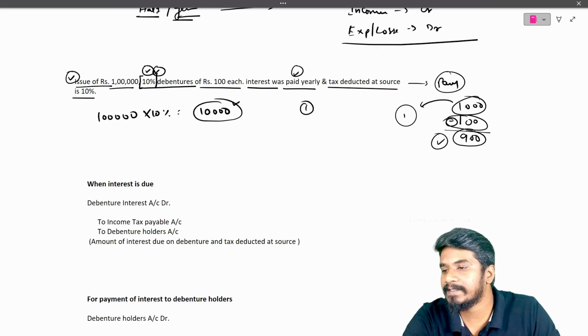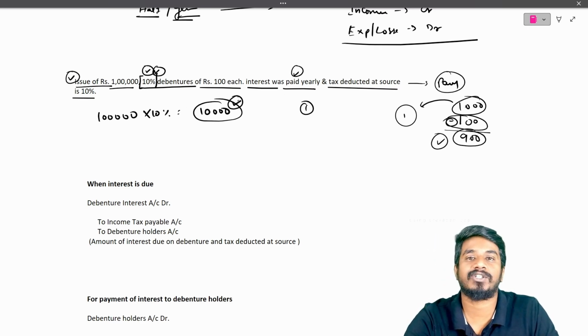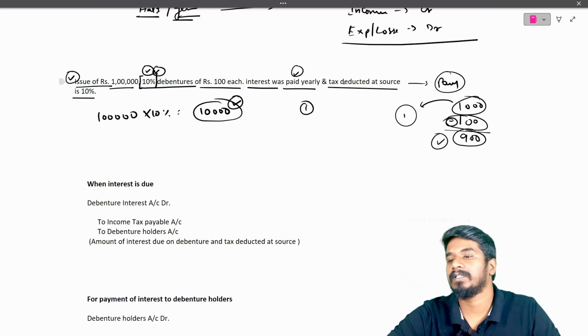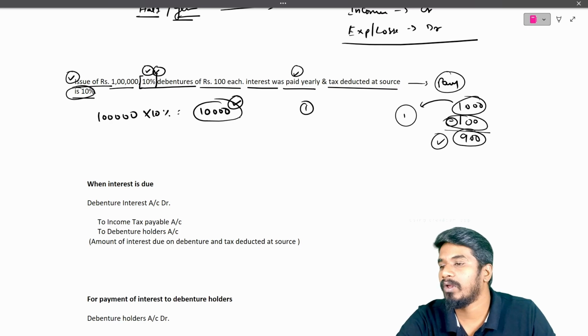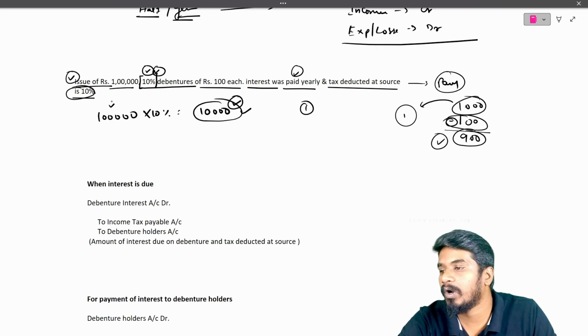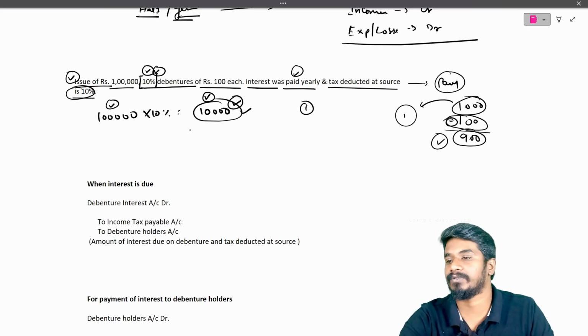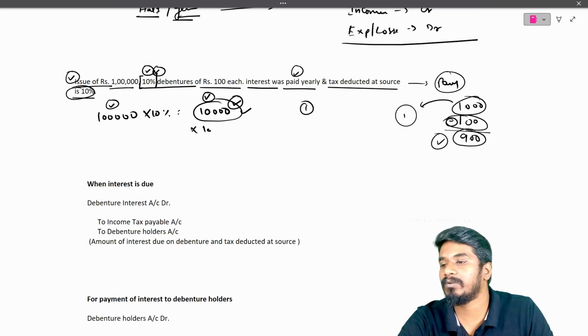Out of this 10,000, the company needs to collect the tax and pay it to the government. That is 10% of this 10,000, not on 1 lakh, whatever interest they need to pay. So 10,000 into 10% means 1,000 rupees they need to pay to the government.